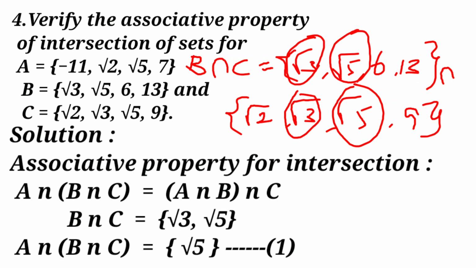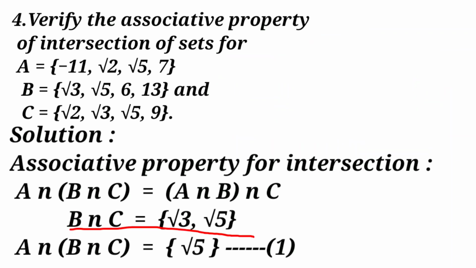First step, B intersection C is equal to {root 3, root 5, 6, 13} intersection {root 2, root 3, root 5, 9}. Intersection means common elements. So common elements are root 3 and root 5. So B intersection C is equal to {root 3, root 5}.